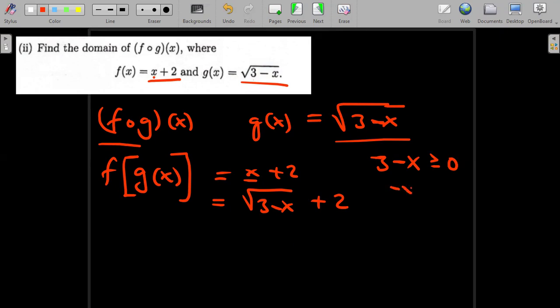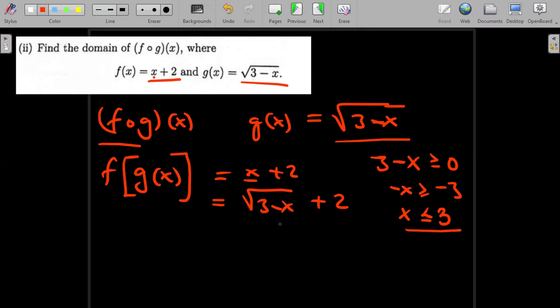Then you have negative x greater than or equal to negative 3. Then when you divide, this becomes x less than or equal to 3. So when you put any value greater than 3, this will not be defined. So this is the domain of this function.